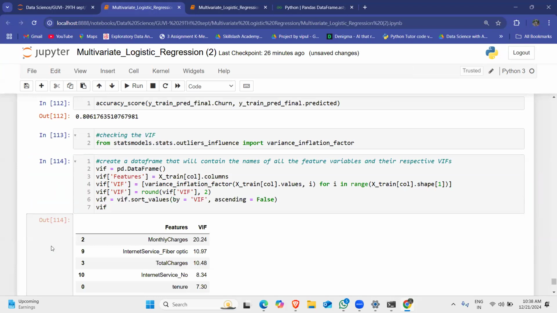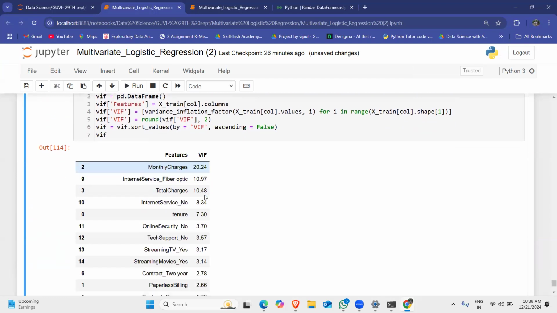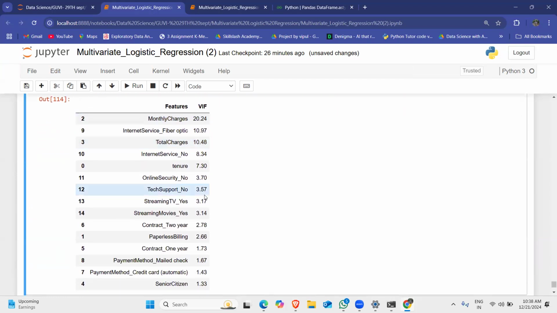Now we got to know that monthly charges has the highest VIF, and we need to deal with that. Yes or no? We should drop the columns which have VIF greater than 5. So how do we deal with this?